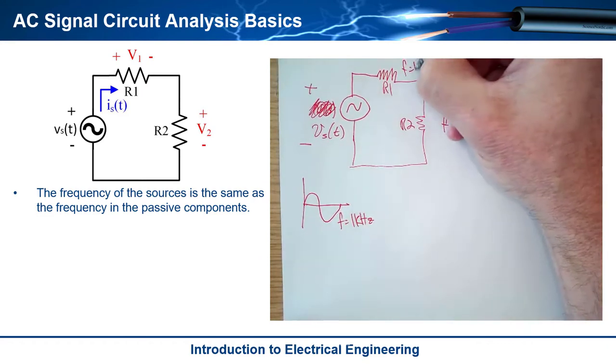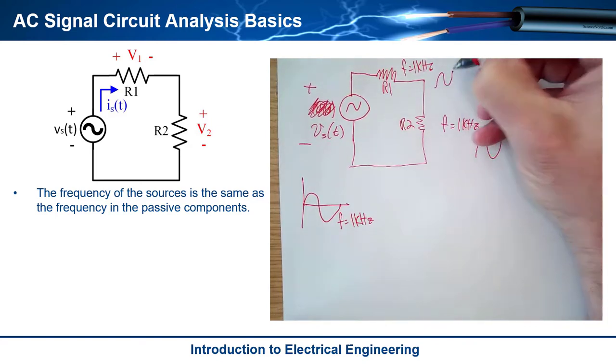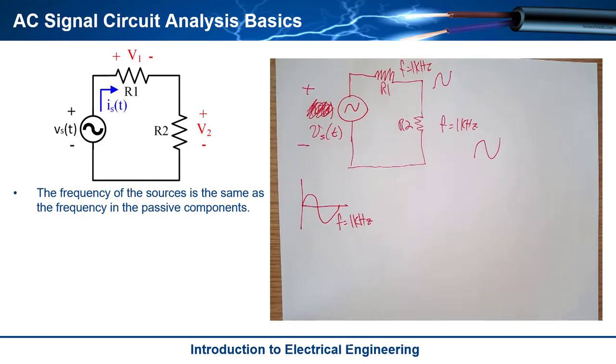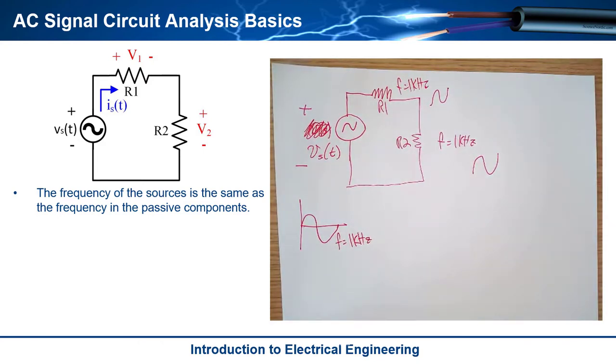It's constant everywhere. So the signal will be a sine wave over here and a sine wave over here, and they will also be 1 kilohertz. That makes it really nice because we don't have to worry about the frequency being different everywhere. So that's the first thing to keep in mind.